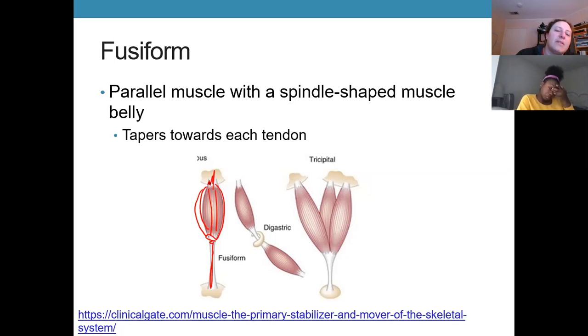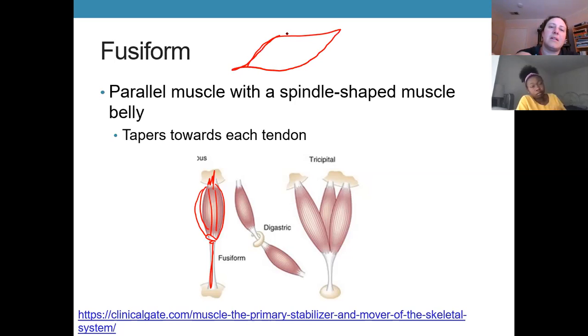The tendon diameter is narrower, so it bulges in the middle and then tapers down. Just like smooth muscle fibers are fusiform because they taper at either end and bulge in the middle. So we have these fusiform shaped muscles.